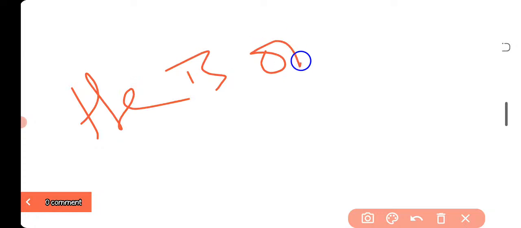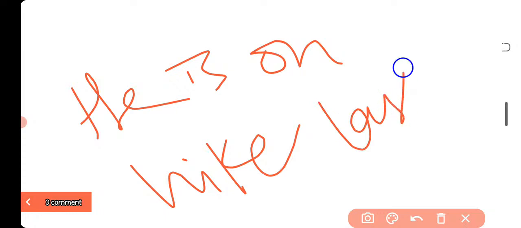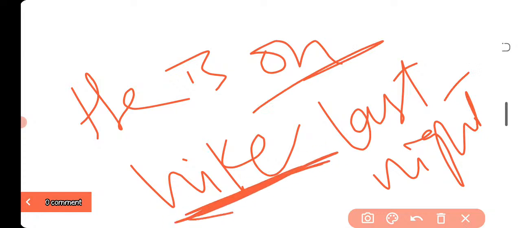Or I can say the person Akhtar Lawa is on hike. Or Qasim Ali Shah is on hike last night. On hike means he got famous last night.